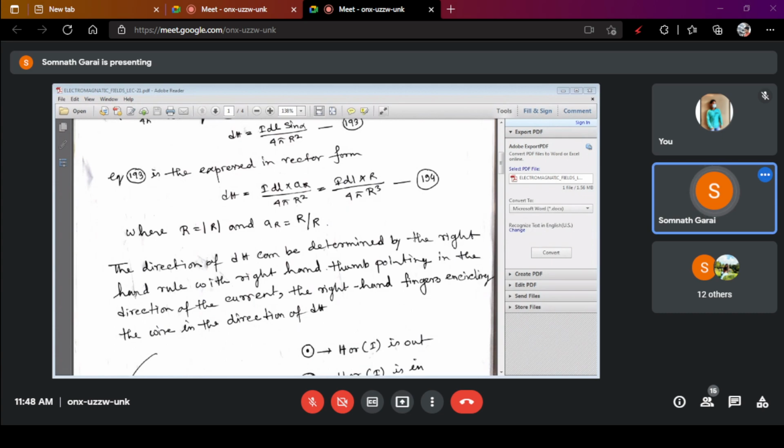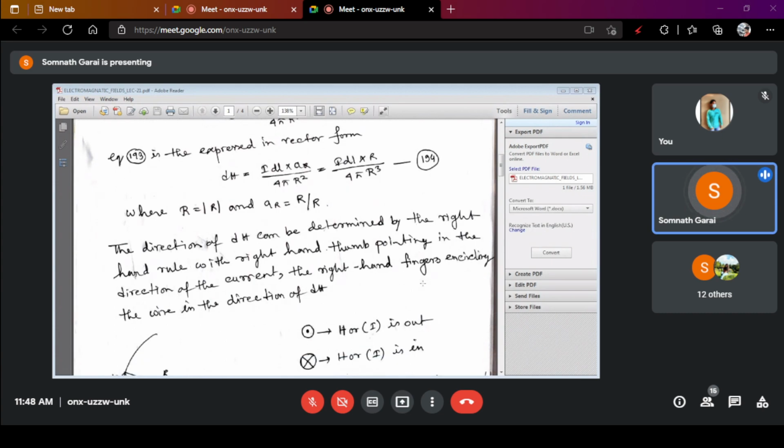Now we have to denote the direction of dH. The direction of dH is determined by the right hand thumb rule. It states that with the right hand thumb pointing in the direction of the current, the right hand fingers circulating the wire give the direction of dH.